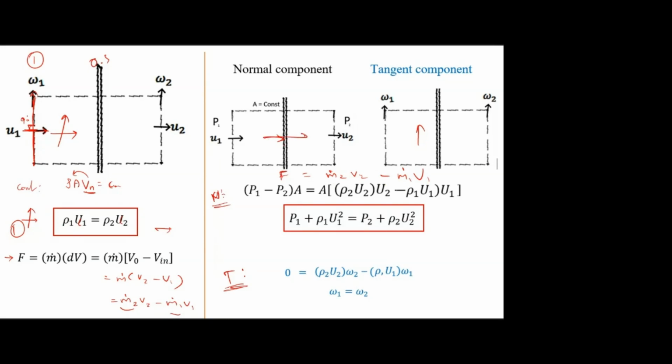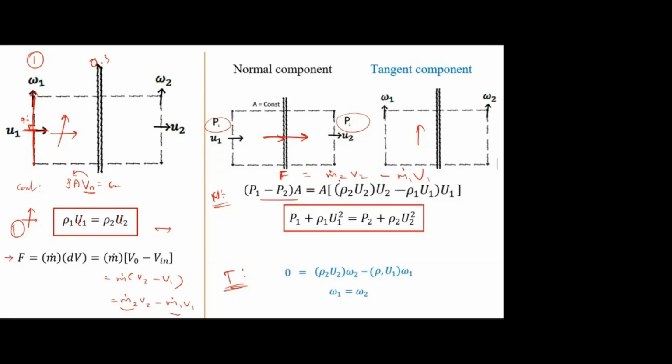So this is the flow direction. If there is a flow from here to here, then there will be a pressure difference, P1, P2. Due to the pressure difference only there is a flow. So I am writing the force in terms of pressure difference into area.